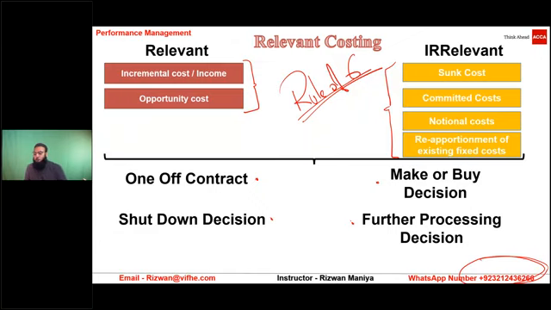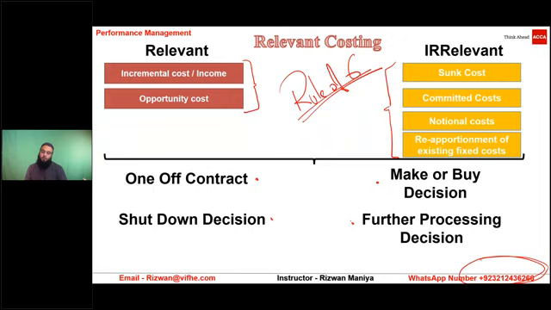Okay, opportunity cost, cost of the second best alternative foregone. You have two options, this or this. You went for this one, so you left this one. The one you left, the one you sacrificed, the one you foregone is opportunity cost. That's opportunity cost, and that's relevant.